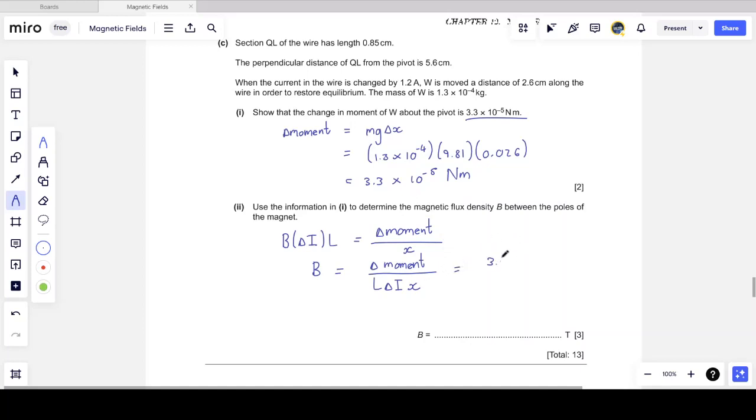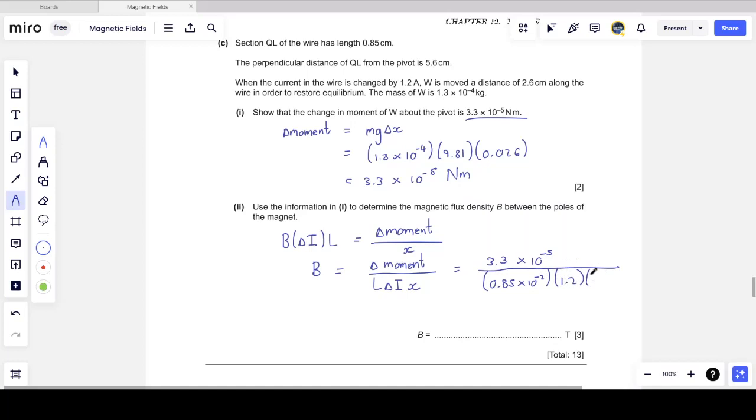So this change in moment is 3.3 times 10 to the minus 5 Newton meters divided by the length of section QL, which is 0.85 centimeters, or 0.85 times 10 to the minus 2, multiplied by the change in current 1.2 amperes.